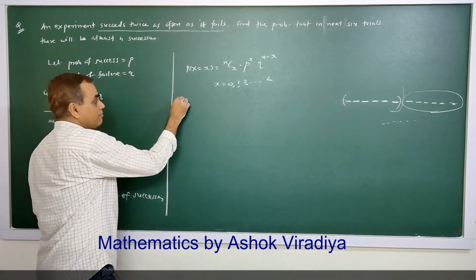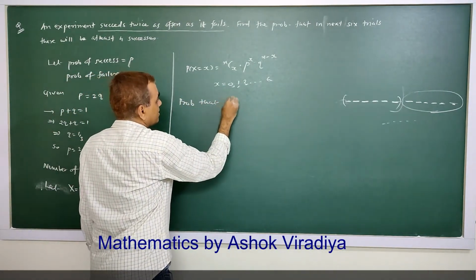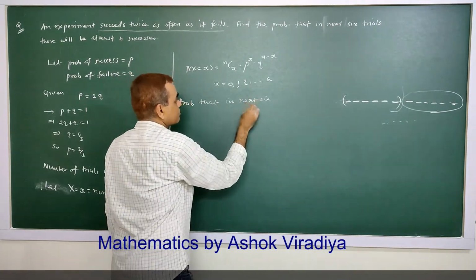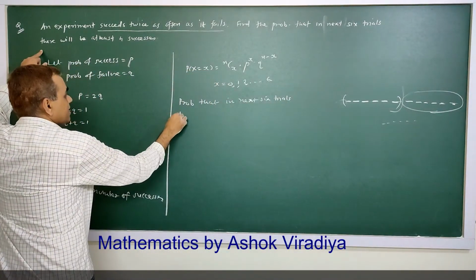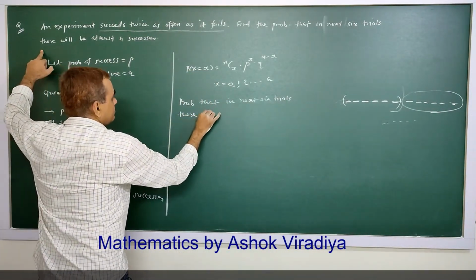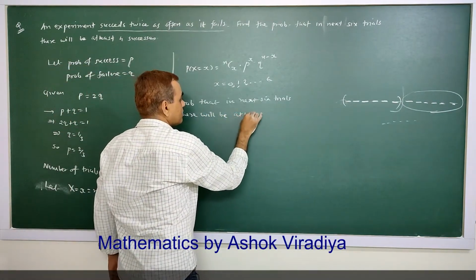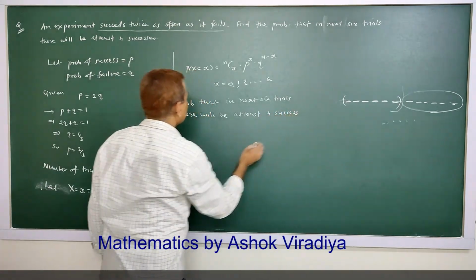So here we want the probability that in the next 6 trials there will be at least 4 successes.